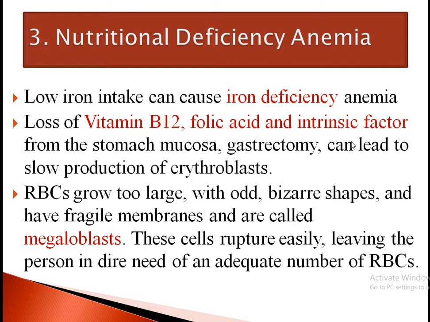Different types of the nutrition deficiencies can also lead to the anemia. Different types of the deficiencies like iron deficiency, vitamin B12, folic acid or intrinsic factor deficiency, all can cause anemia.